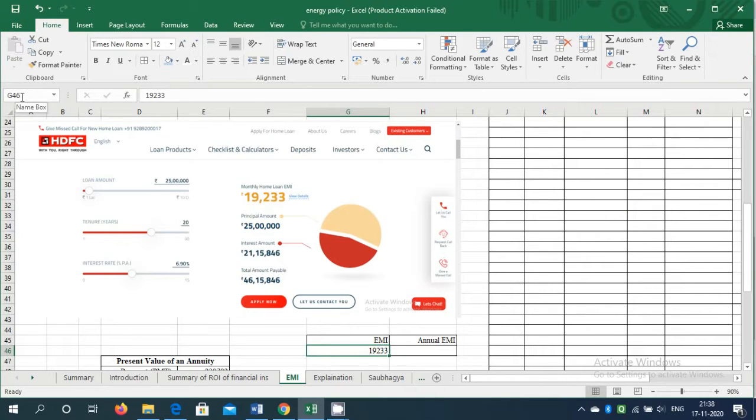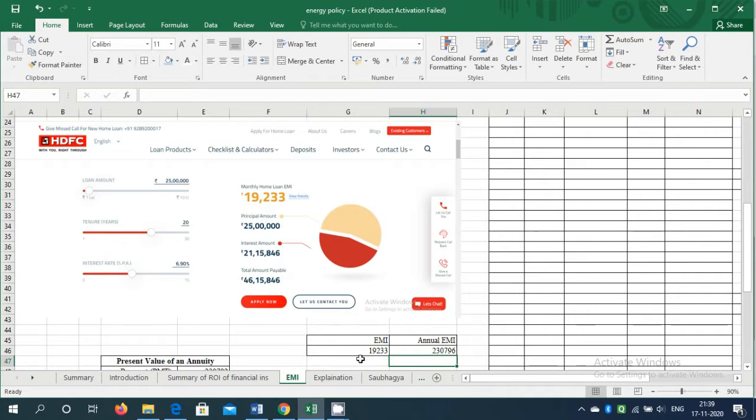I'll name this one. I'll go to this section and here I'll write EMI, and after writing I'll press enter. Now when I am writing this, I can write this amount. It is not coming as G46, and then multiplied by 12.